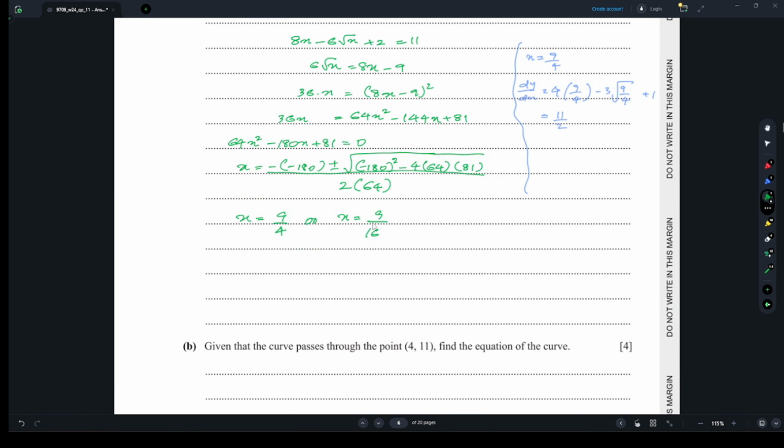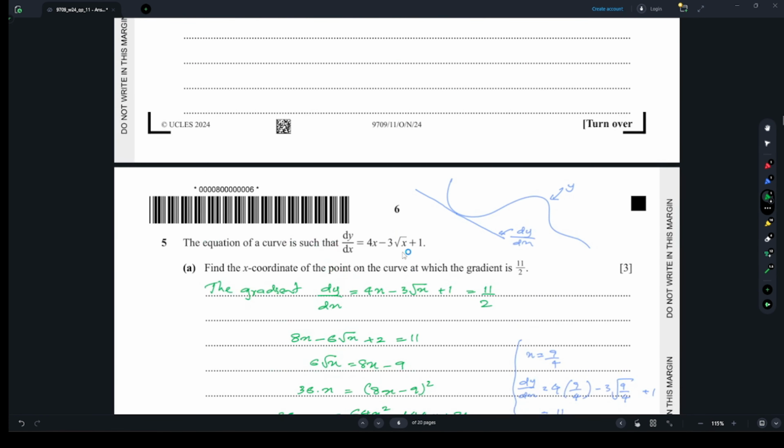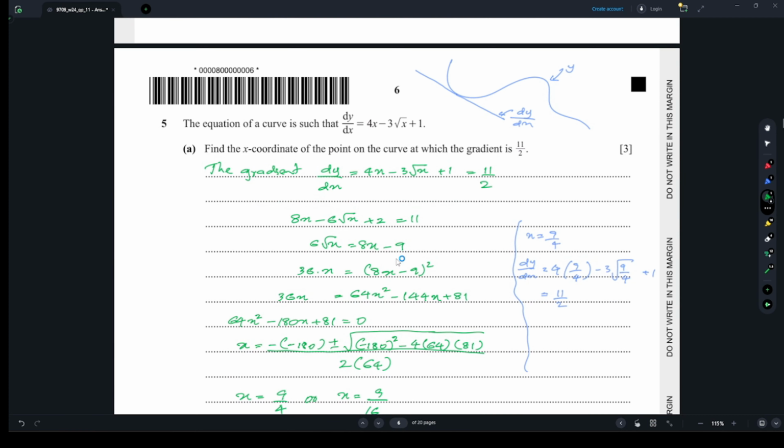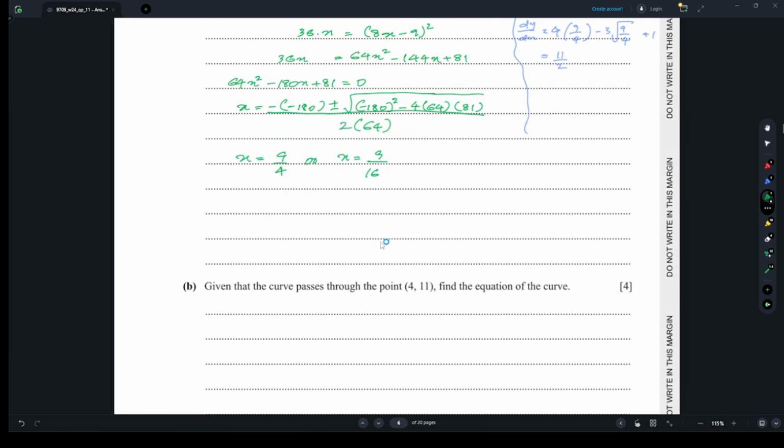So when you substitute x equals 9 over 16 into dy over dx, you will not receive 11 over 2. So then we can neglect x equals 9 over 16. Therefore, the answer is x equals 9 over 4. Done.